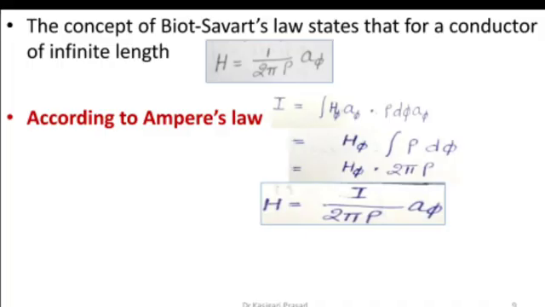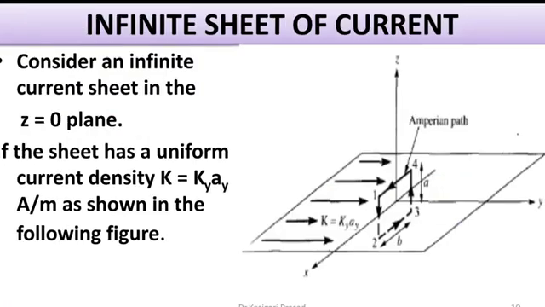Now let us see the infinite sheet of current. Here we have taken a sheet placed horizontally in the x, y, z coordinate system. Consider an infinite current sheet in the z equals 0 plane.